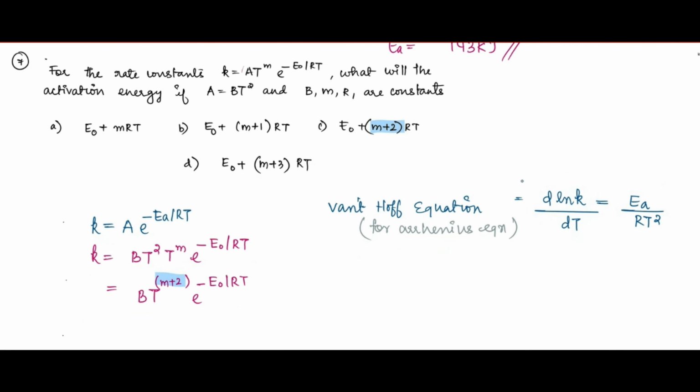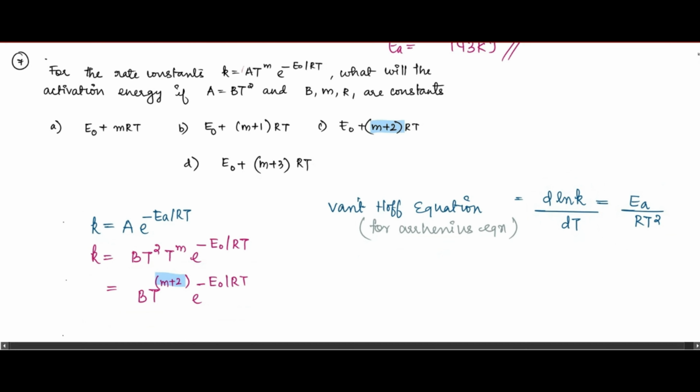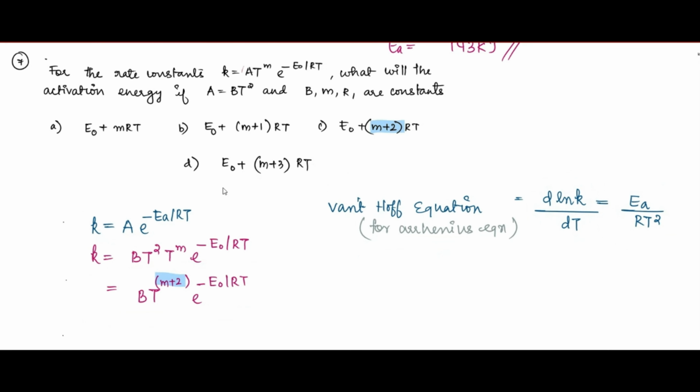Did you understand? You are going to find the LHS first and compare it with the RHS for both. When you do it, you will understand. So the Van 't Hoff equation corresponding to the Arrhenius equation is d ln k by dT is equal to EA by RT square. You must memorize this. Where the Arrhenius equation is k is equal to A e to the power minus EA by RT. I hope that is fine till here.